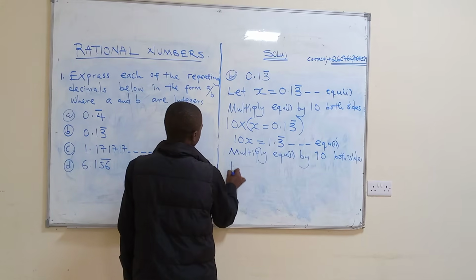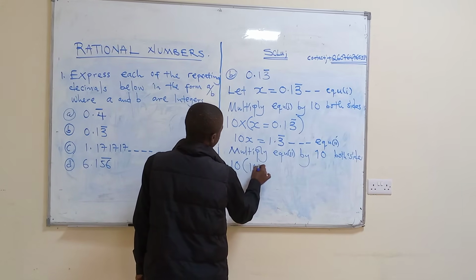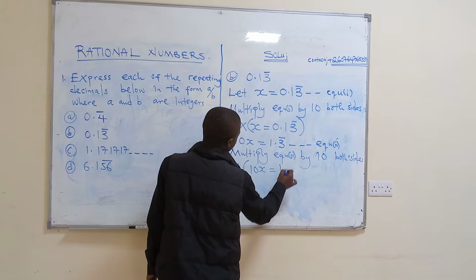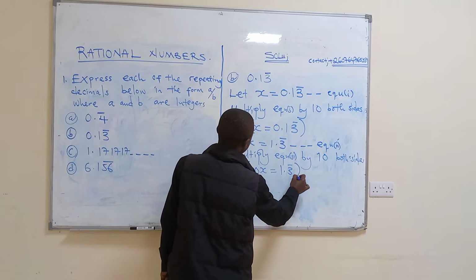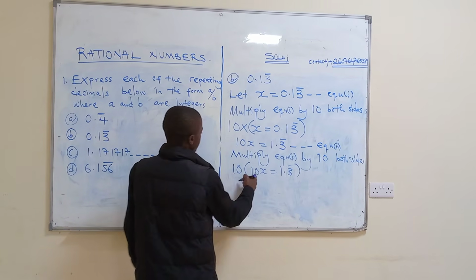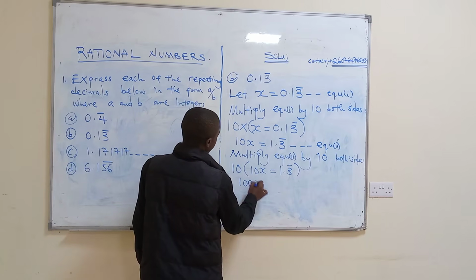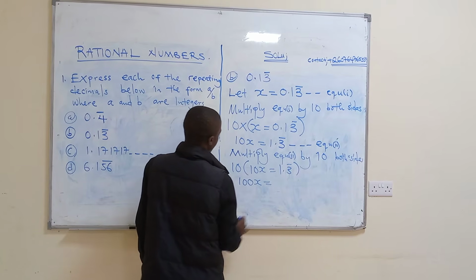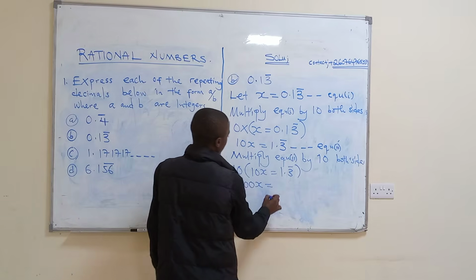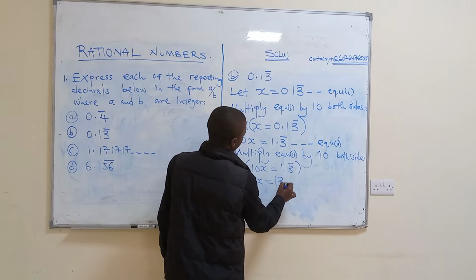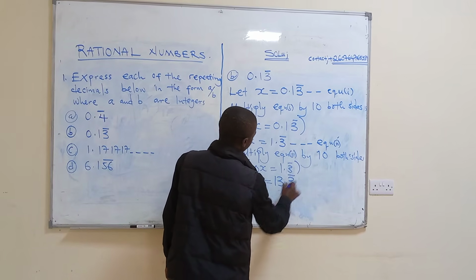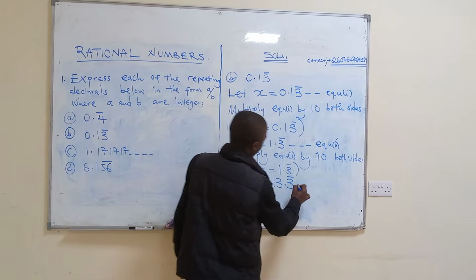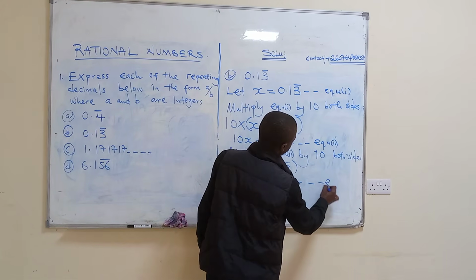So that is 10 multiplied by 10x equals 1.3 with a bar multiplied by 10. So this is 10 times 10, which is 100x, equals 10 times that, we are going to obtain 13.3 with a bar. So this is my equation what? My equation 3.